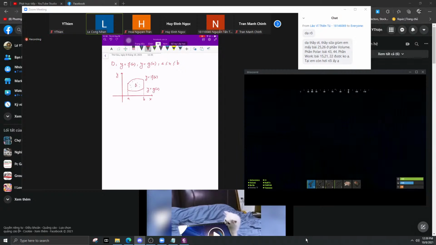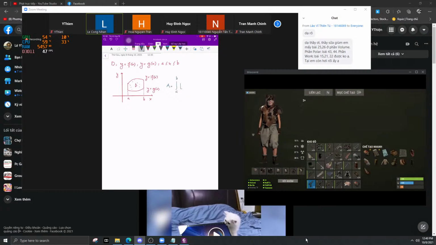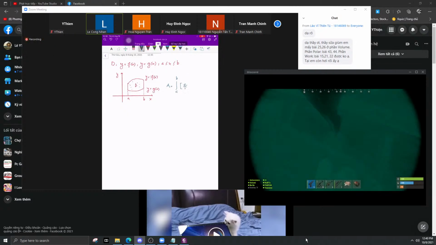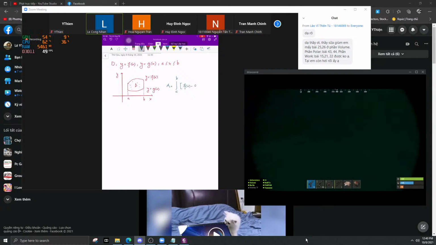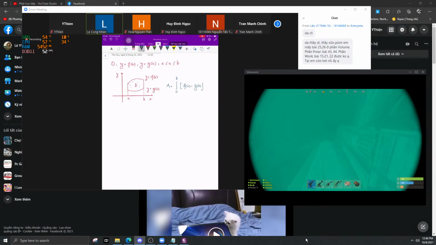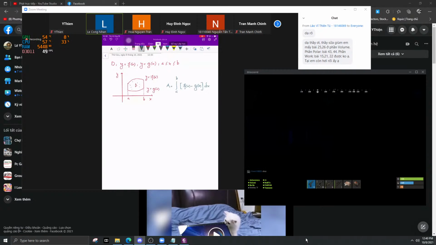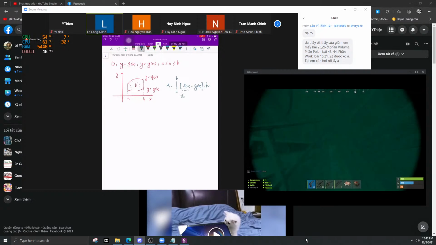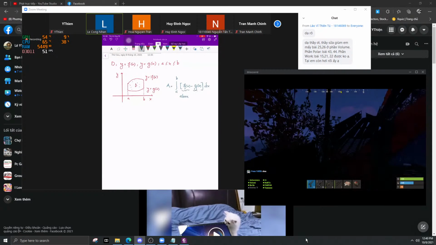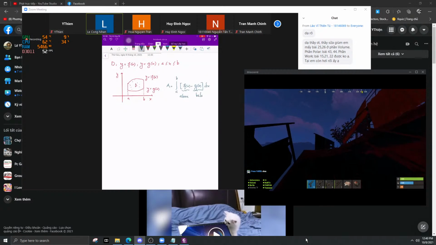Then the area of this region is given by the formula: the integral from a to b of the above curve, that is f of x, minus the below curve, that is g of x. Here we have the above curve minus the below curve.